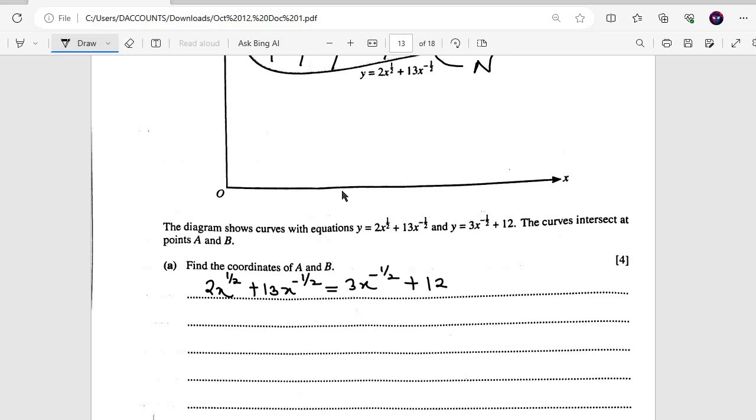I equated them because the question said they intersect.